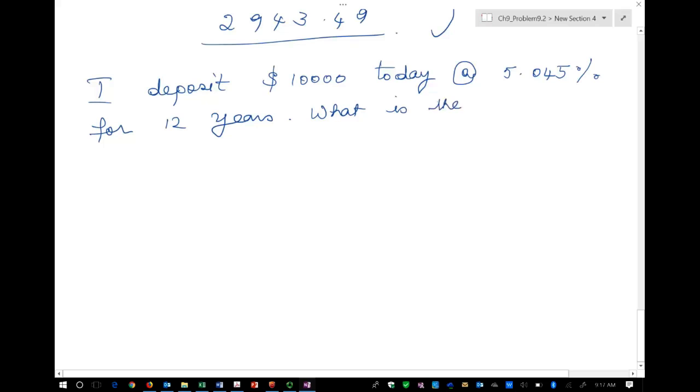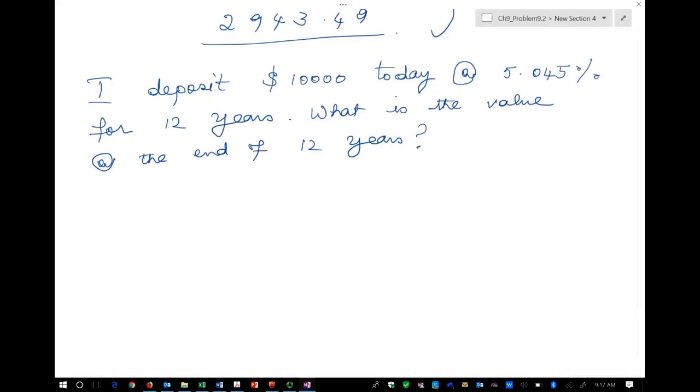What is the value at the end of 12 years? Calculate on your own.